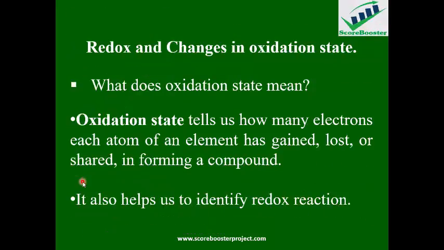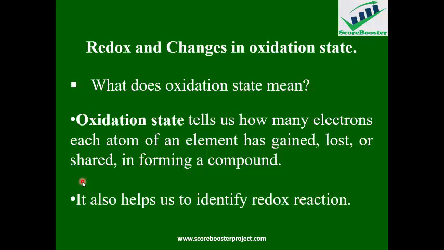What does oxidation state mean? It is just a way of telling us the movement of electrons, how electrons are shared, how they are transferred in a reaction. We should not forget that we said in a chemical reaction, it is either electron is transferred or electron is shared.